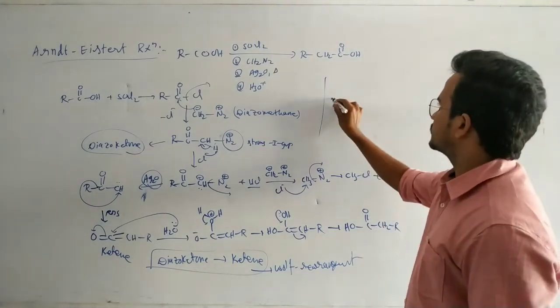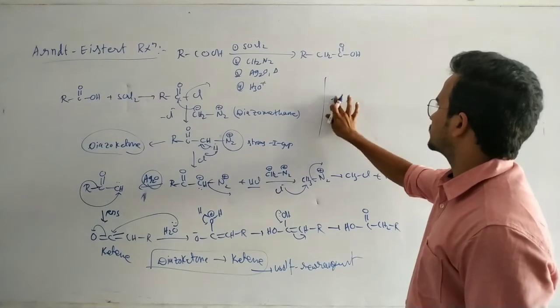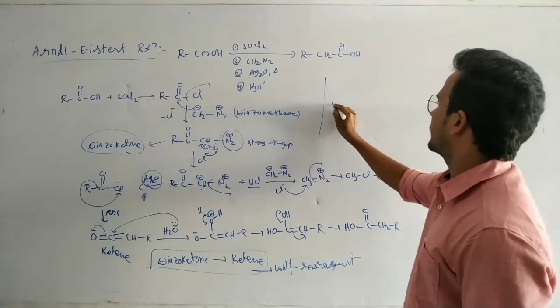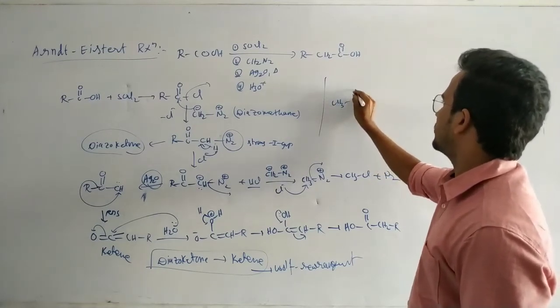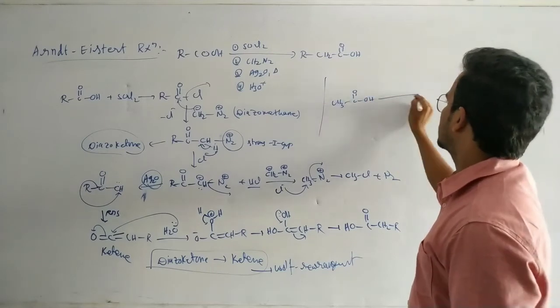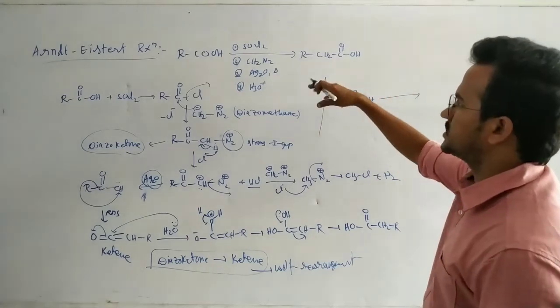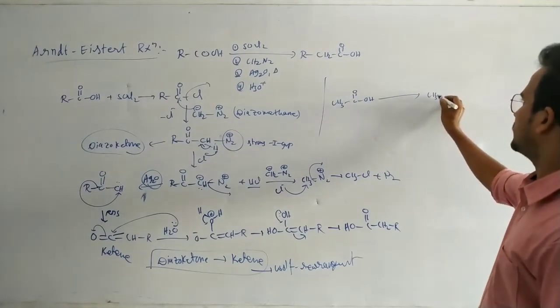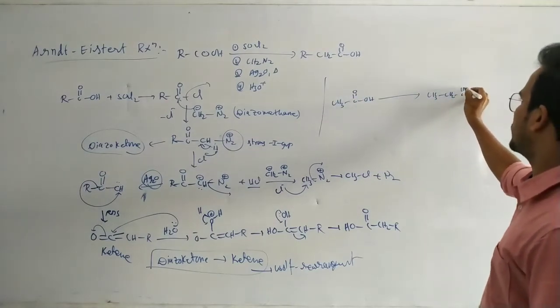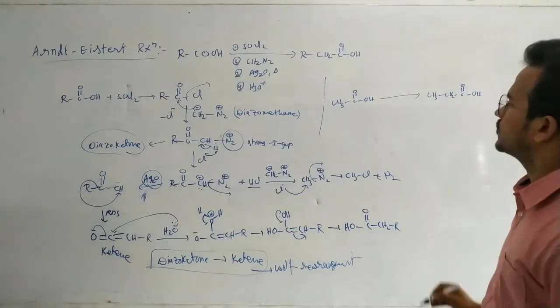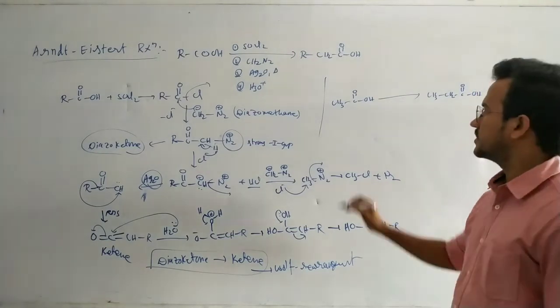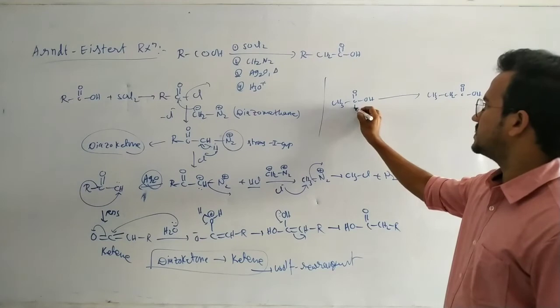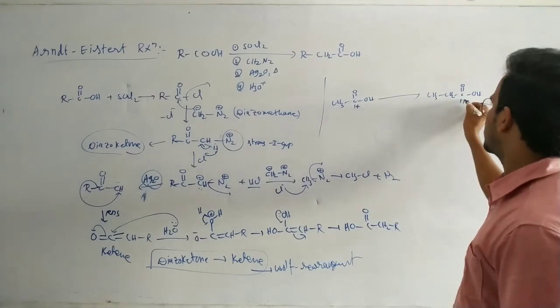So here we discuss 2 examples. Suppose CH3C double bond OH is treated with SOCl2, diazomethane, silver oxide, and heat. We get CH3CH2C double bond OH. Suppose this is the C14 carbon, the same carbon is present.